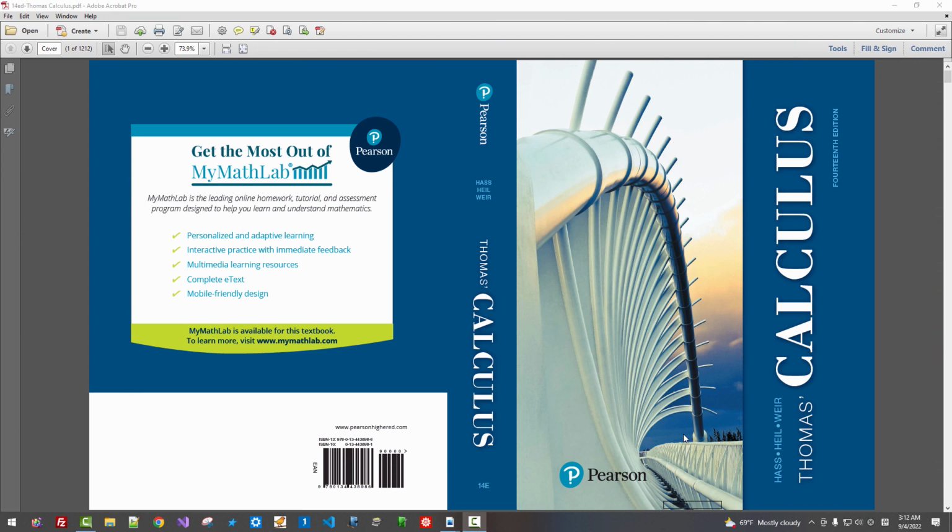I have read several times about center of mass from Thomas's Calculus, 14th edition. I also have the 10th edition of this book, and I read the 10th edition about center of mass.